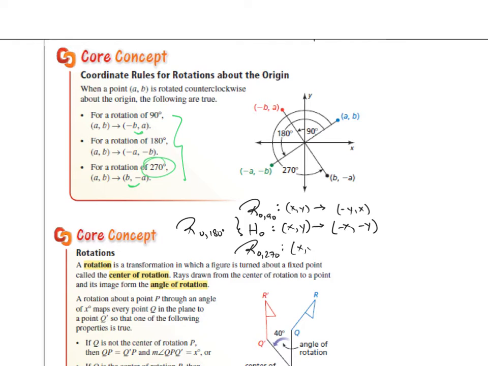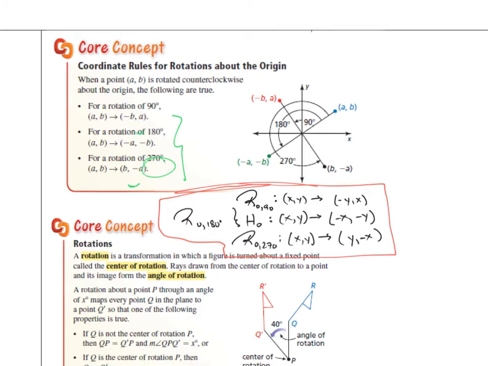Your x, y point will map to, now this time we're going to flip them again, so we'll have y and x, but it's the x that becomes negative. So these are the three that I want you to remember. It would help to memorize them, and these are the three we'll use often. If it's anything other than that, we probably will do it with a graphical method, and I'll show you how to do that later.